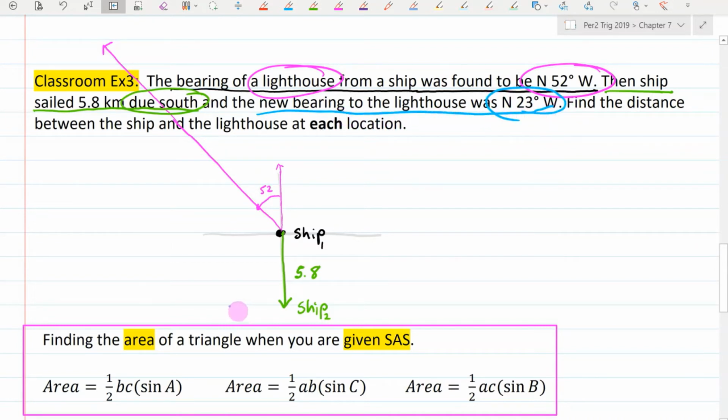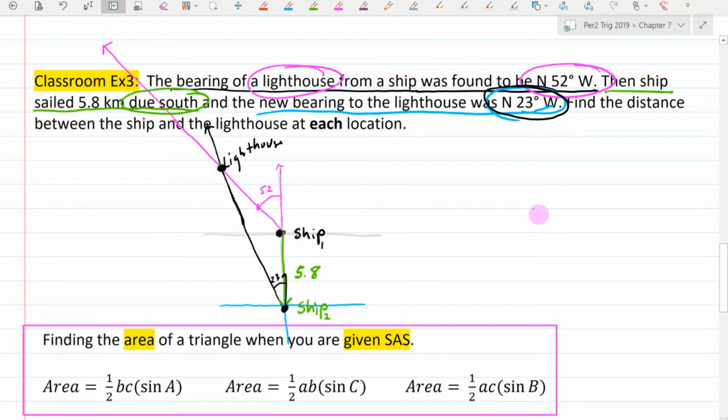So from this new location, my bearing is north 23, which is smaller, west. So the lighthouse is where the two lines cross, right there.